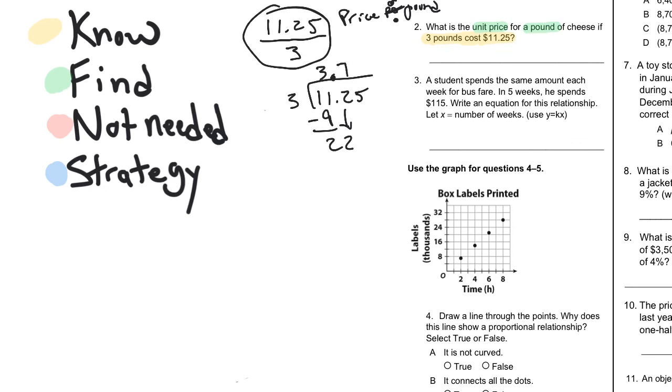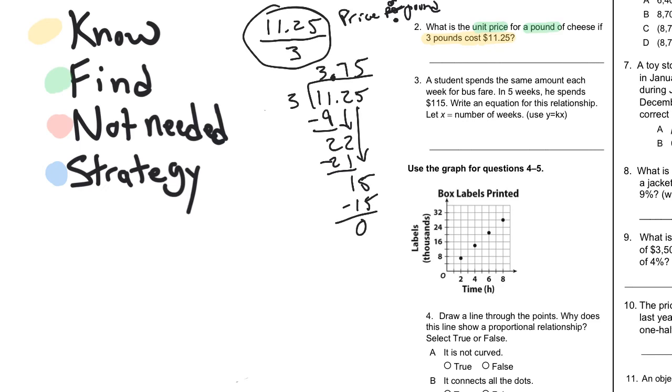This is where multiplication facts come in handy. 3 times 7 is 21. I subtract. I get 1. I bring down the 5. 3 goes into 15 how many times? Again, multiplication facts. 5 times. No remainder, so 3.75.